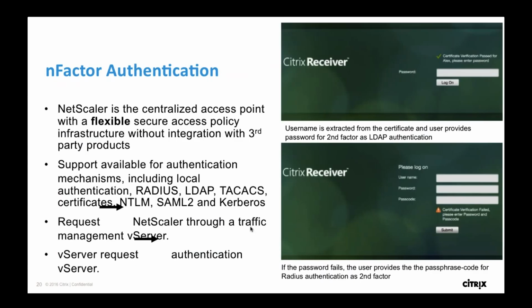The other thing we have is nFactor authentication. Just like you want to adopt different policies for different contexts, you want to have some more flexibility over just authentication, period. If you're dealing with client certificates or two-factor authentication, instead of just having a flat structure where everybody's lumped into the same category, this allows us to look at who is connecting in, what kind of security context we need to apply, and have a nested authentication so that if they fail one check where they don't have a valid client certificate, maybe we require two-factor authentication.